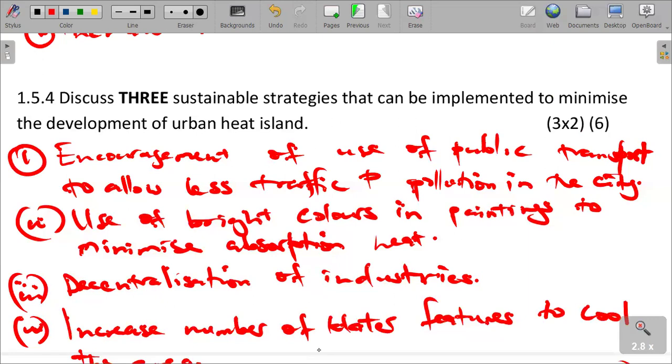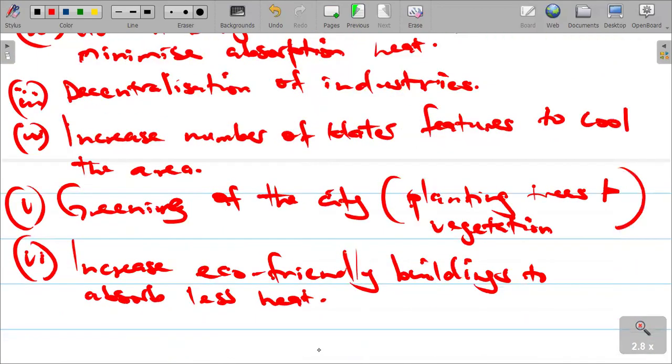We talk about planting of trees, brighter colors in the cities, decentralization of industries, as to say, encourage building of industries in other rural places, not only allowing business to be done in cities, and then water features to increase the cooling system. We talk about greening of the cities, which can also include rooftop gardens.